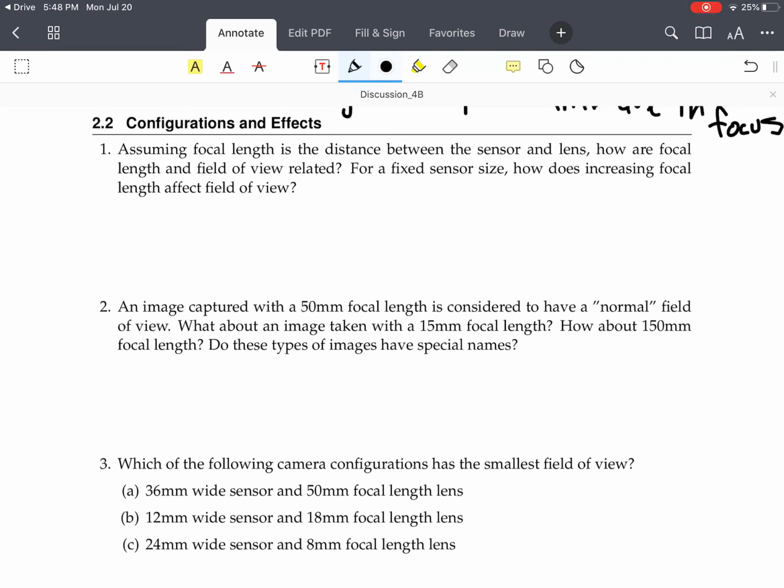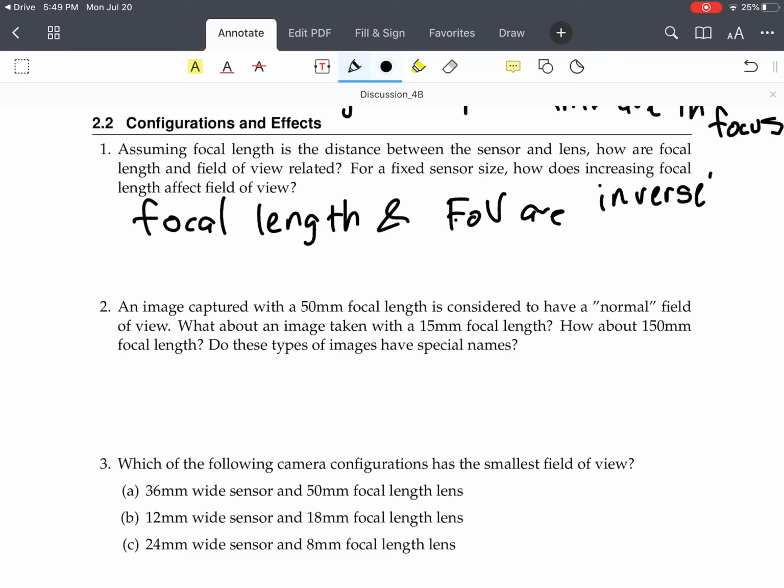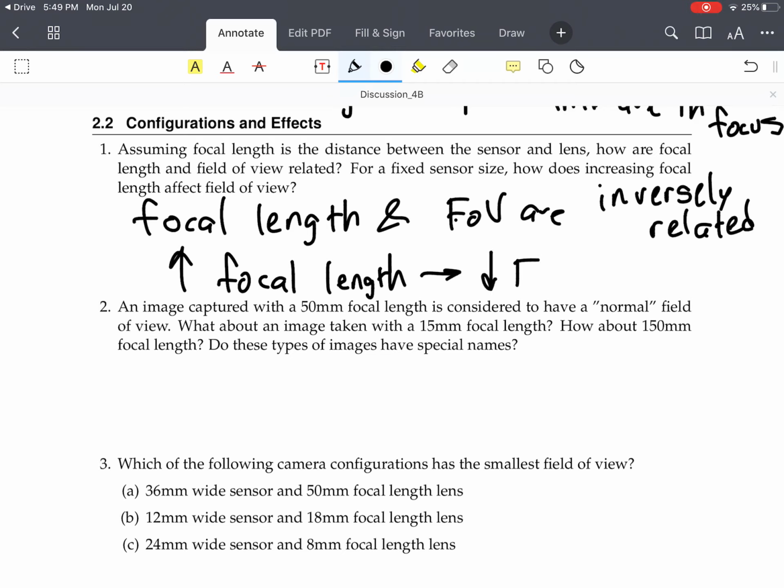So basically, focal length and field of view are inversely related. Increasing the focal length leads to decreasing the field of view.